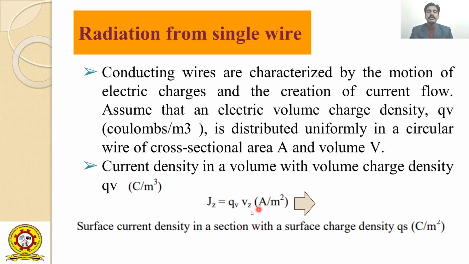From this equation we move to the surface current density, which brings the equation into the surface charge density. Surface charge density is the charge multiplied by the surface value, in coulombs per meter squared.